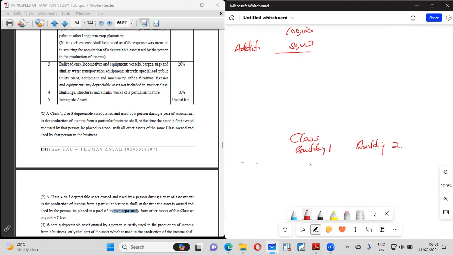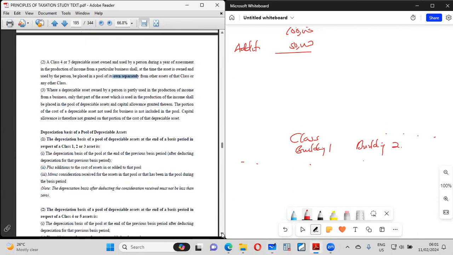So the more buildings you buy, the more columns you open for that. The same thing for the class 5 too. Intangibles. Patents can be one, trademark can be another. So you don't add trademark to patents. So you create extra columns as and when they come in. So basically, that is that.